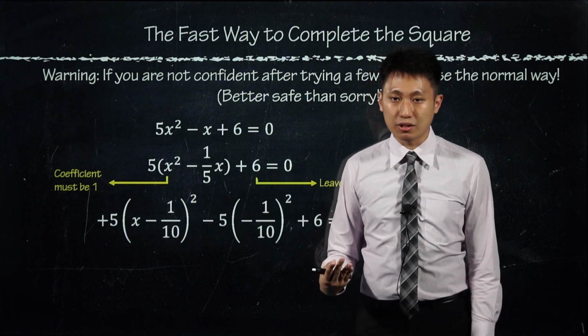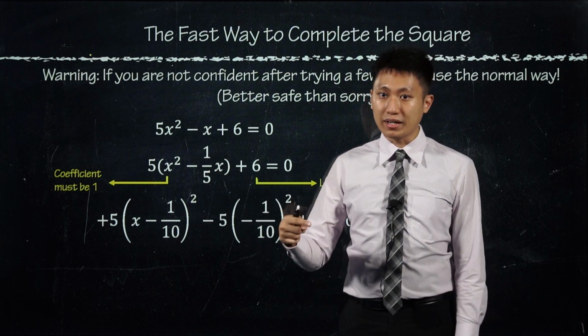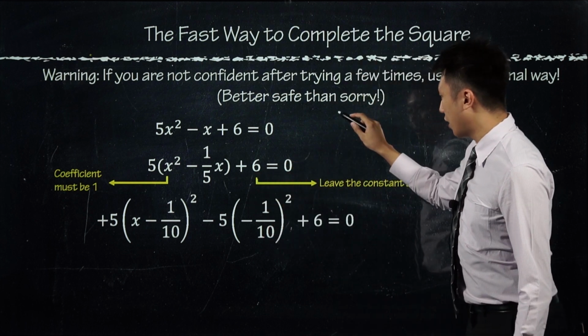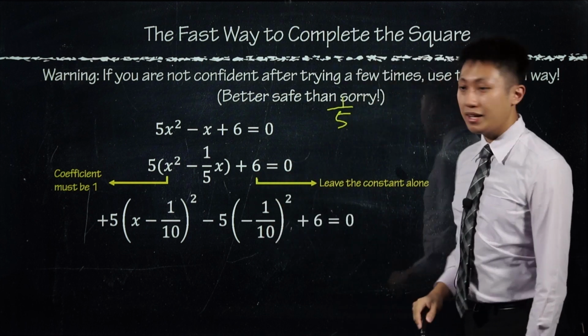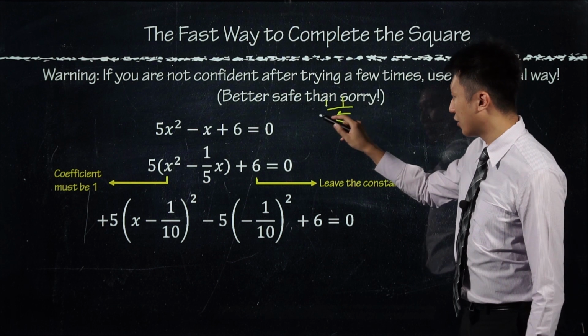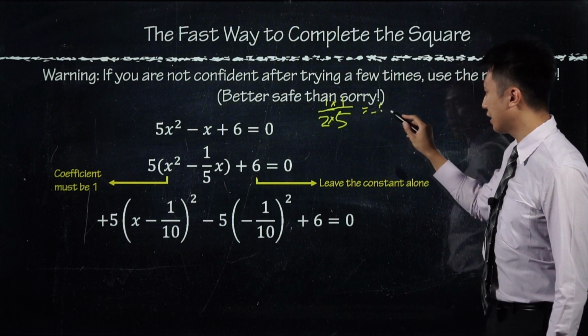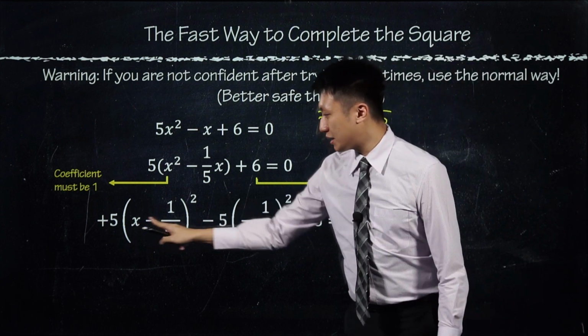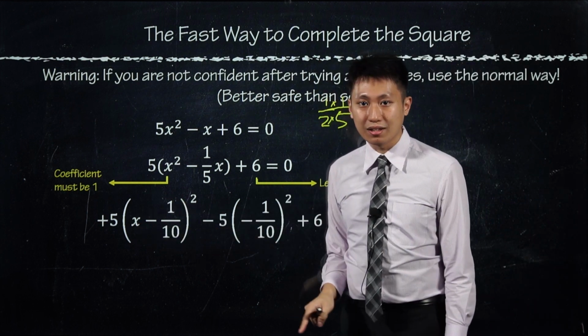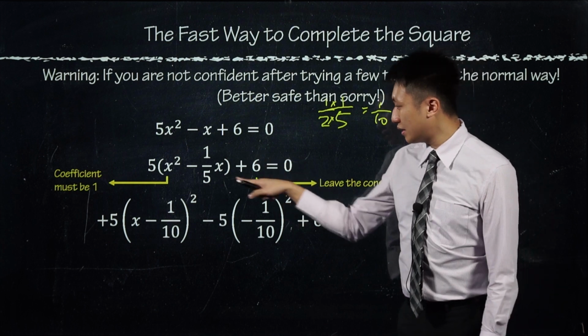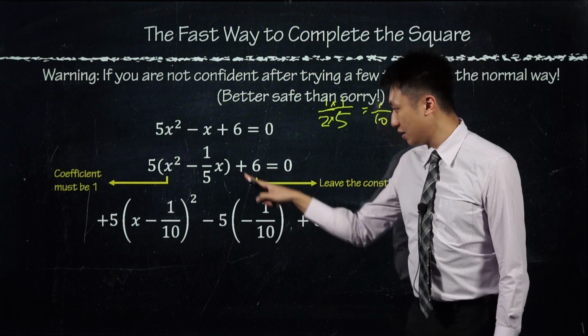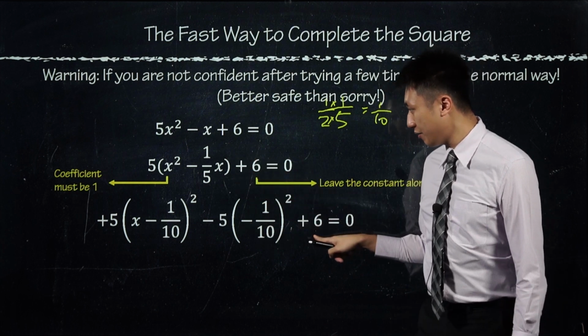Then I divide this term by 2, I get negative 1 over 10. 1 over 5, I divided by 2 means 1 over 2, right? So multiply together, it's 1 over 10. So x minus 1 over 10, I directly square it. After I square it, this thing is plus 6, I write down here.